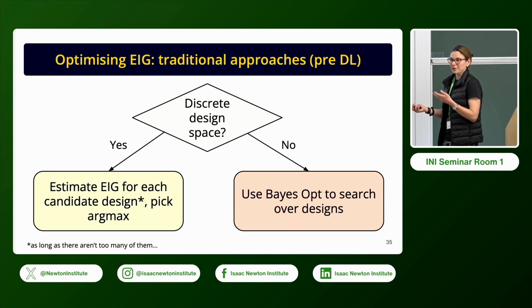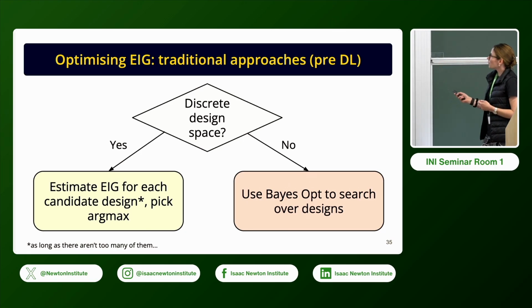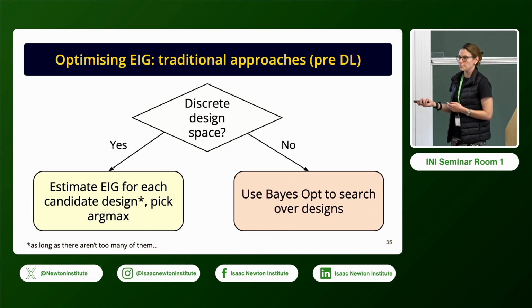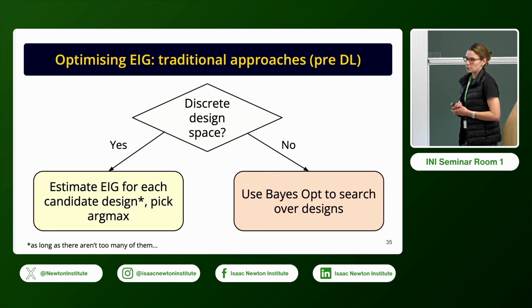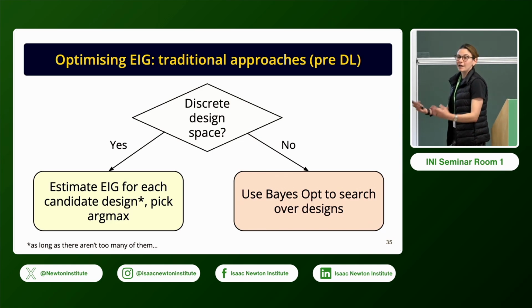As long as there aren't too many of them. If your design space was continuous, then people normally use something like Bayesian optimization to search over the designs, which is, as we know, computationally costly and doesn't scale very well to high dimensions.